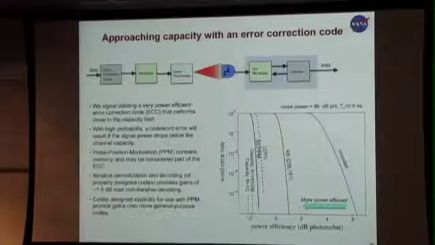This is photons per bit measured in dB, because we typically, in the RF world, plot Eb over N0 as a signal-to-noise ratio, and we're used to seeing waterfall curves like this for error rate versus power used.